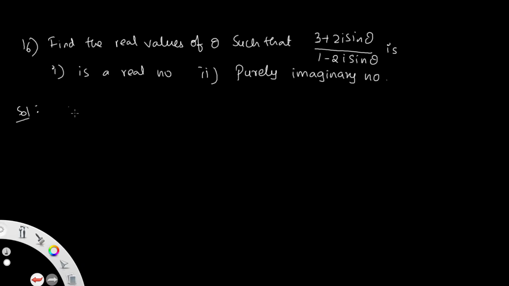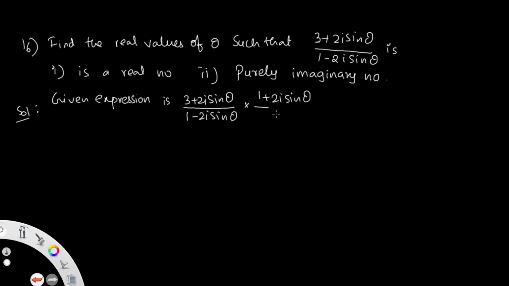So the given expression (3 plus 2i sin theta) divided by (1 minus 2i sin theta) is in the form a by b, so we multiply and divide by the conjugate, that is 1 plus 2i sin theta.